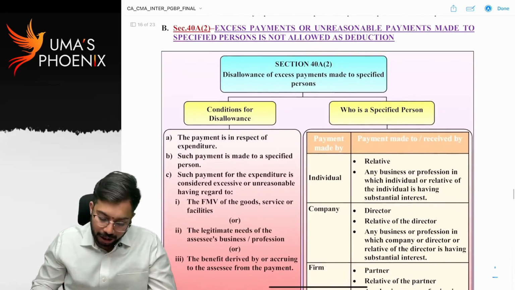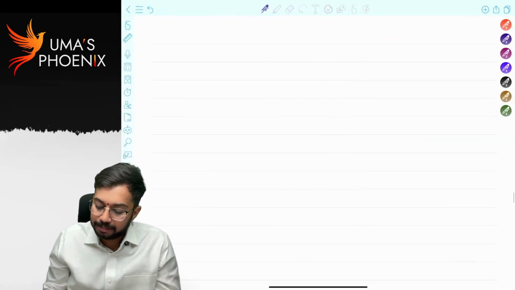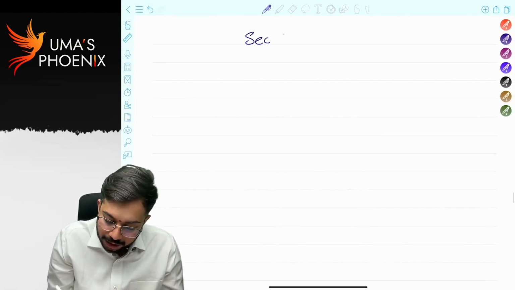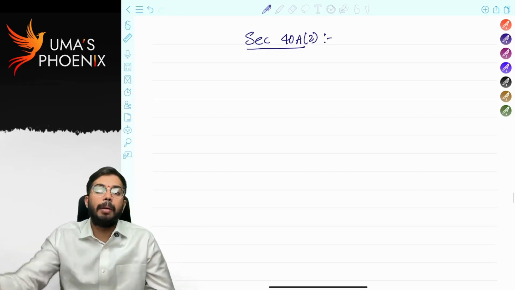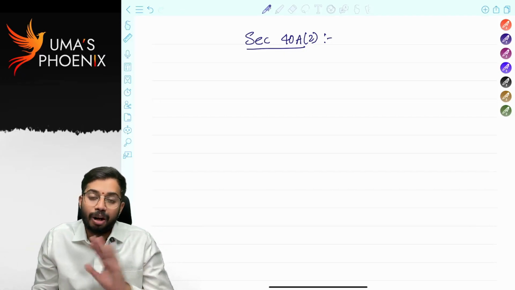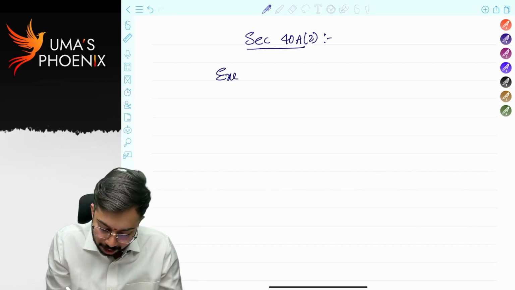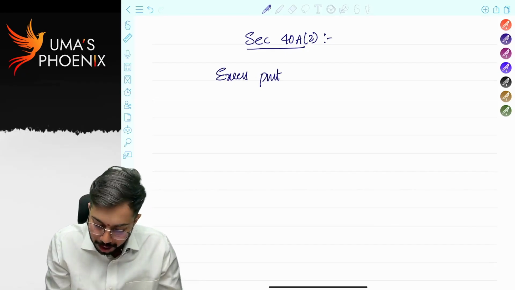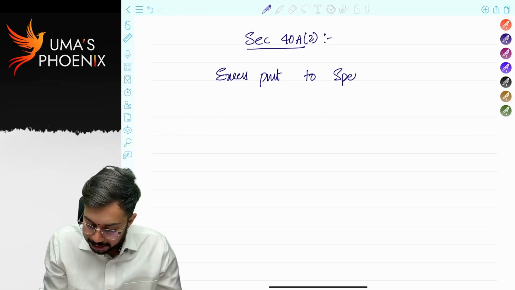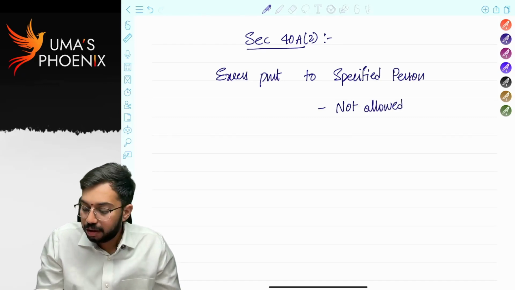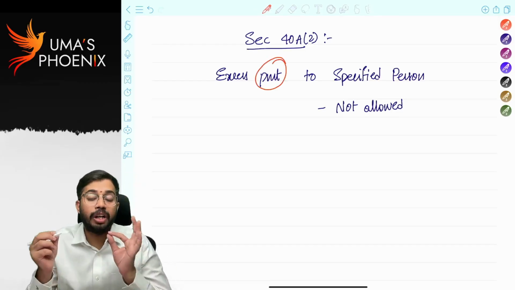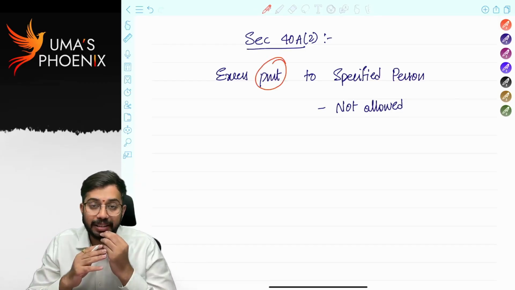Next, section 40A(2). What does section 40A(2) say? Section 40A(2) says that excess payment made to specified person is not allowed as deduction. Specified person means nothing but relative. 40A(2) is applicable only for payments.